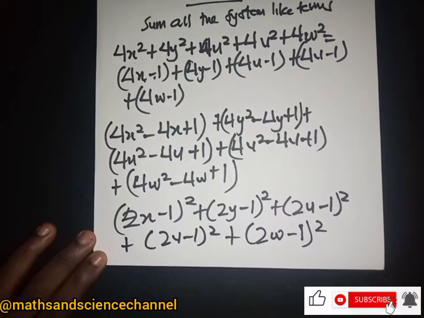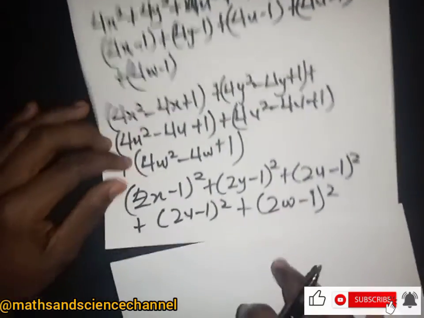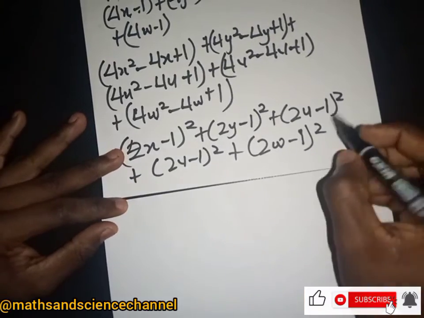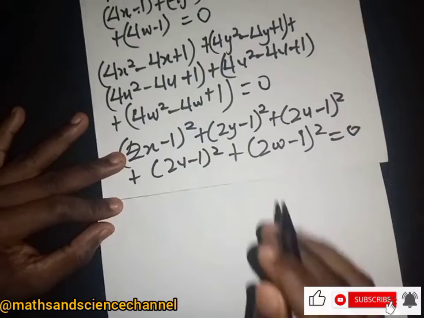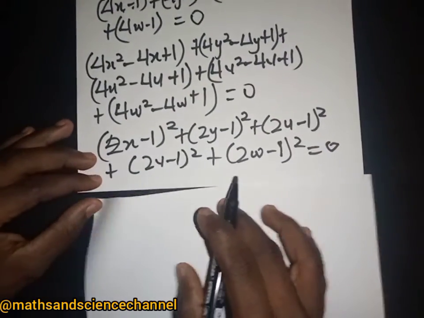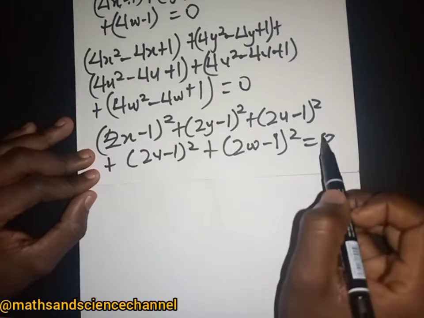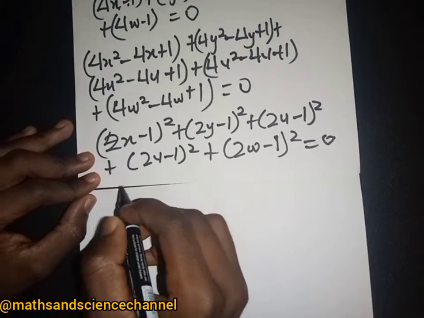Now let's continue here. Remember, everything here is equal to 0. So for each like term here, we have them being equal to 0.